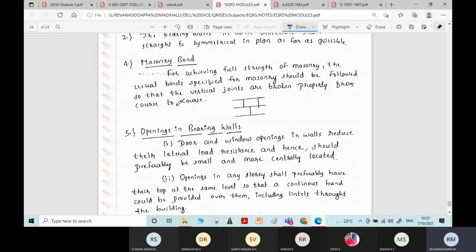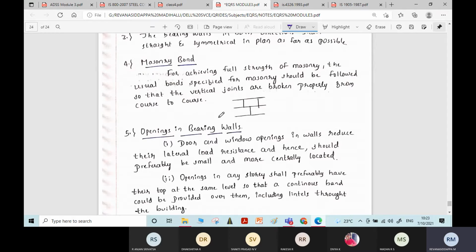That will take care of the earthquake load, no problem. All those bonds are designed with respect to both vertical load as well as horizontal load. You can adopt any standard types of bonds.